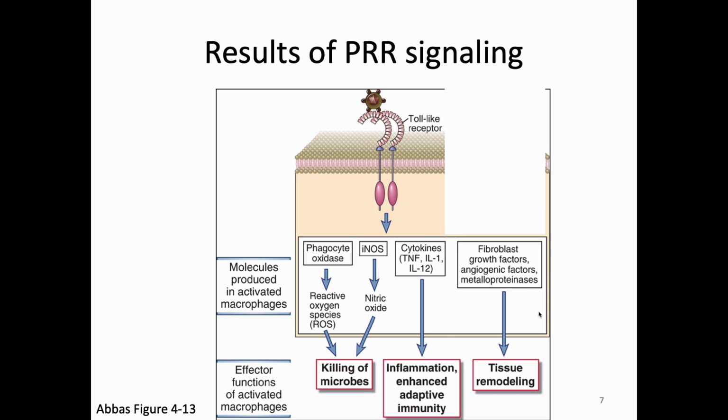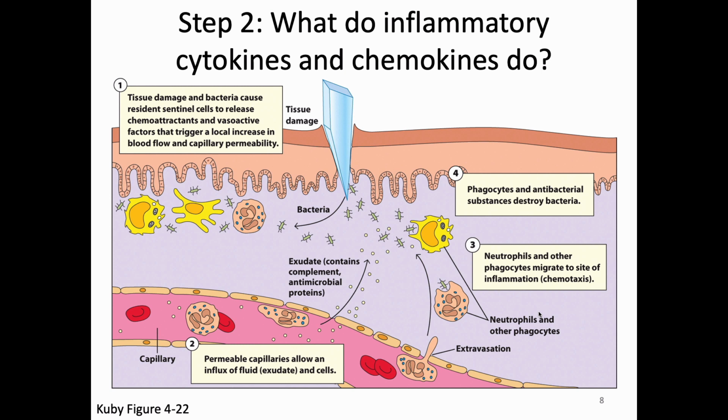So what you've realized so far is that we can have this macrophage in our tissue that is going to recognize bacteria that come in. And it will release some factors, as we see here.